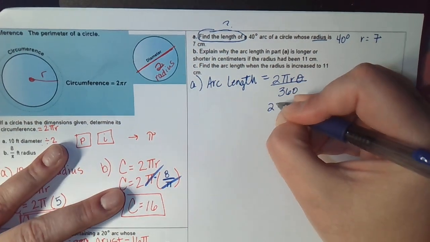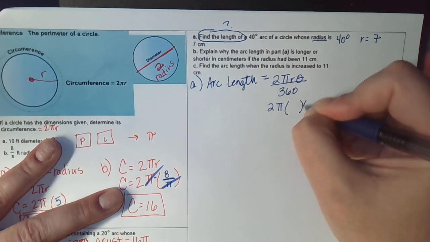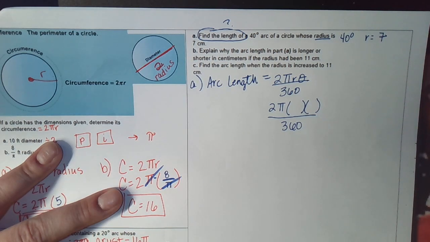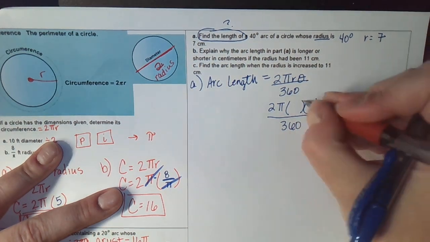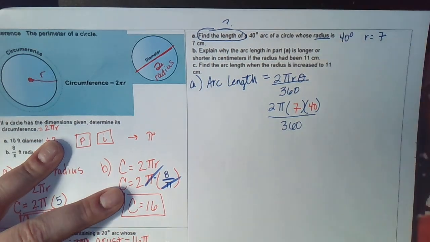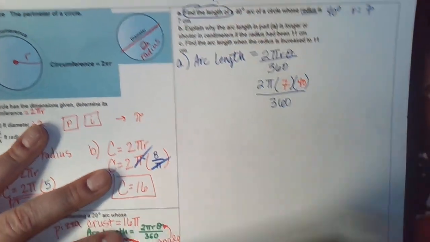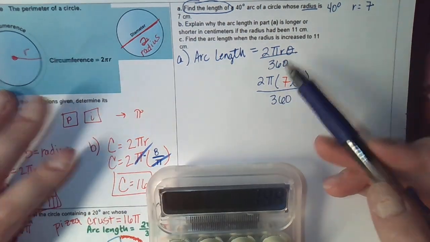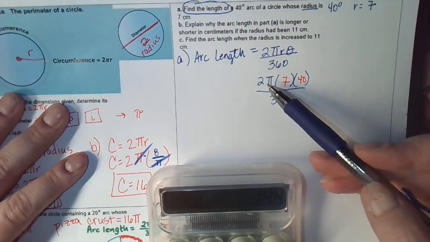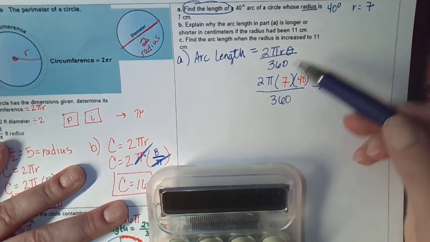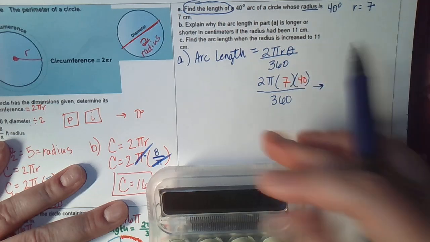This is going to be 2 pi times the r and the theta over the 360. So 2 pi times the r of 7, the theta of 40, and then we're just going to multiply the numbers. Let's leave the pi as it is. So let me just multiply the 2, 7, and 40.